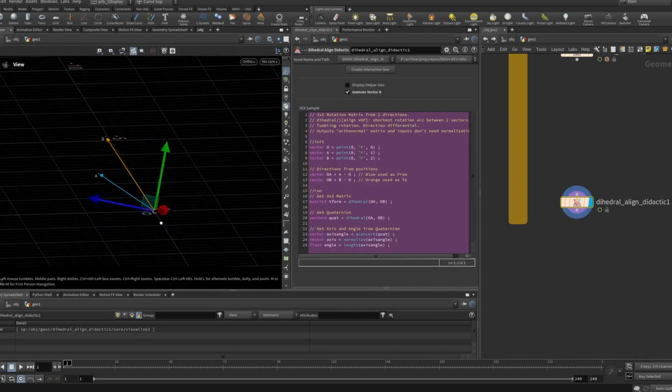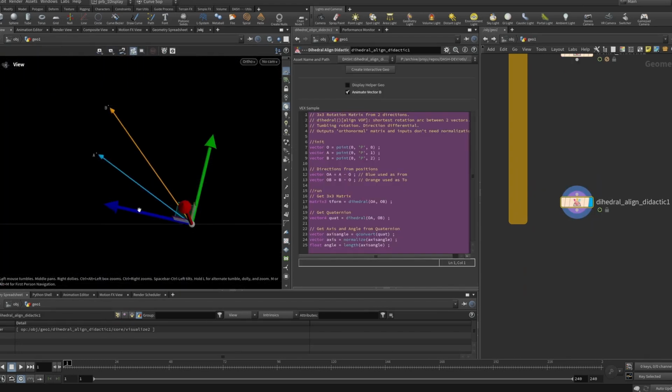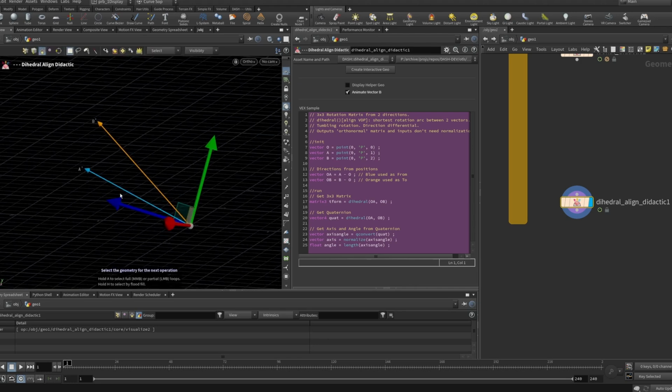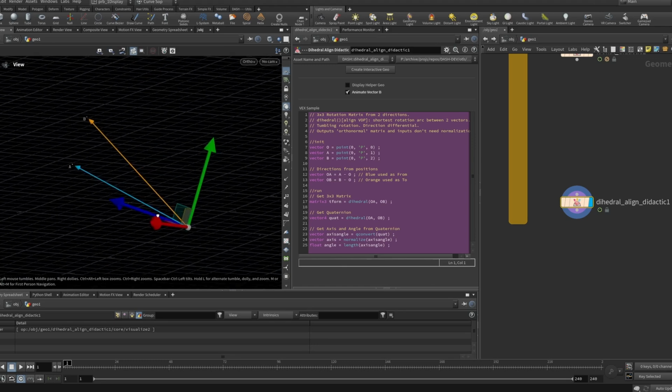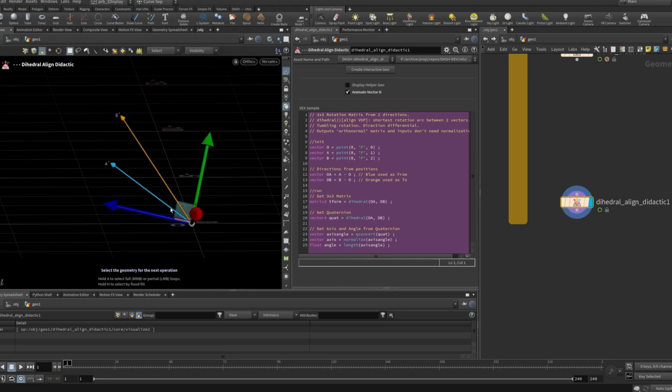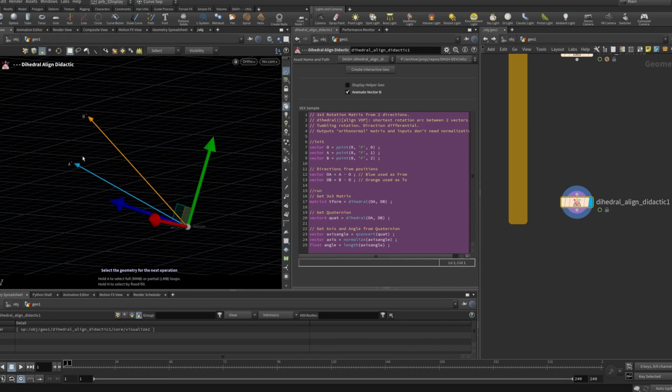All right, so dihedral. Dihedral is different from the LookAt in the sense that, as you can see, the forward axis is not constrained to the vector A. What's happening here is that this rotation is a difference between the directions of A and B. So what rotation should I apply to A so that it becomes B in terms of direction?